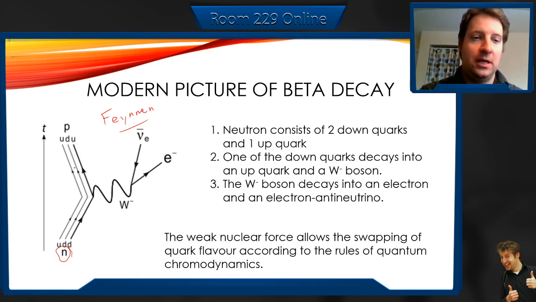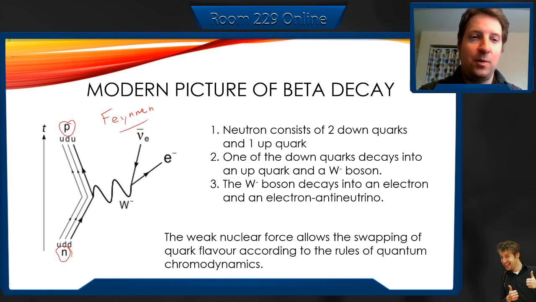It changed its quark flavor from a down to an up quark. And now we have an up, up, and a down quark, which makes a proton. So we went from a neutron to a proton.